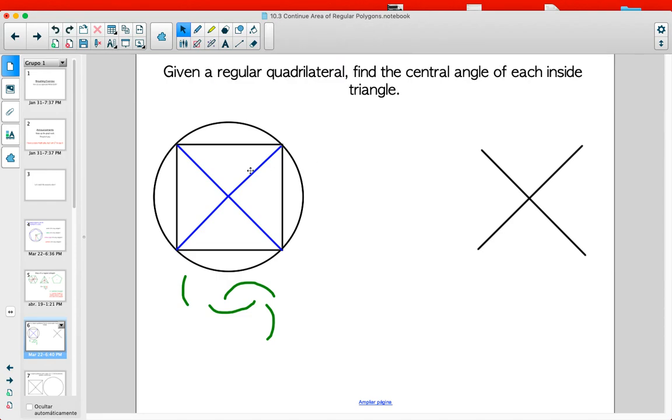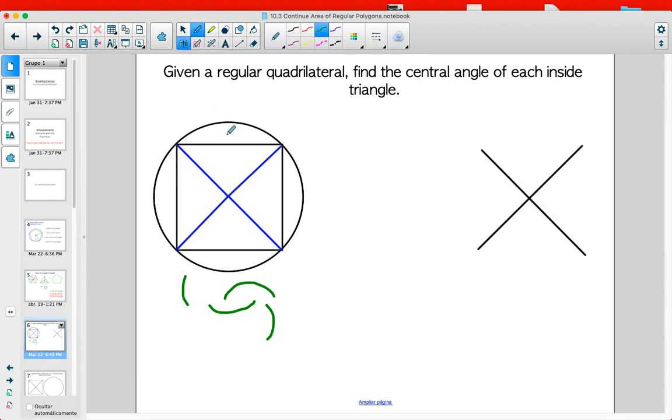The square is regular, meaning that all four sides are the same length. So side 1, side 2, side 3, side 4. And that is creating four congruent triangles, triangle 1, 2, 3, 4. These four triangles, we can actually prove that they are congruent.